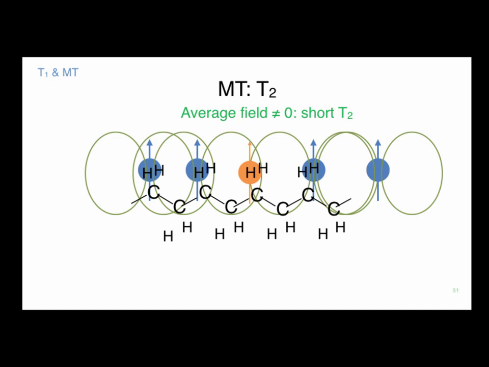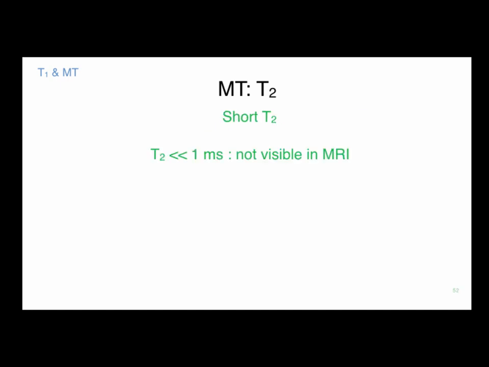So these dipolar interactions stay intact. That means this kind of molecule has a very, very short T2, in the order of just tens of microseconds. And that means, in general, we don't really see the signal from the protons in lipids and proteins because it's so short.